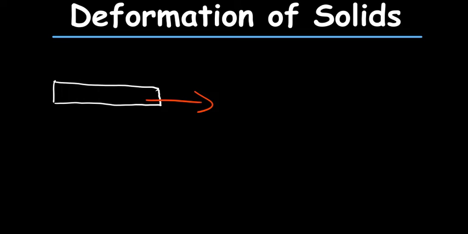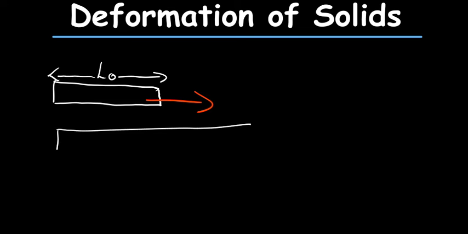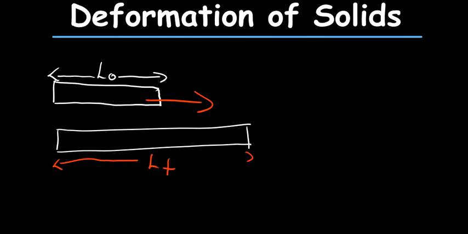Definitely the length from this point all the way to that point is what we are going to call L initial, meaning the initial length. If I apply the force, I expect this wire to go maybe all the way to that point. From that point all the way to that point is what I'm going to call L final, meaning the final length.